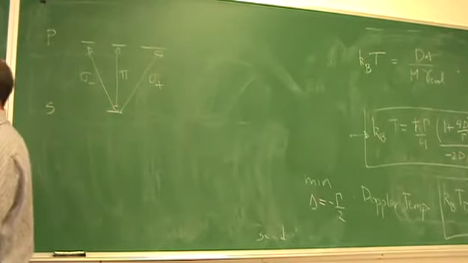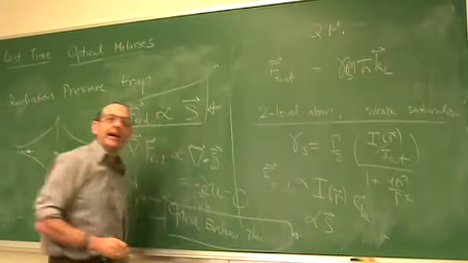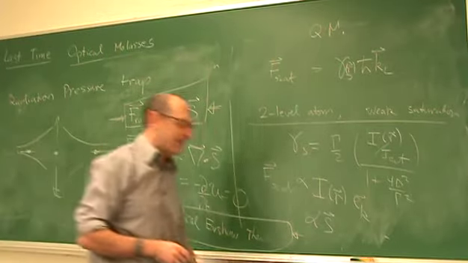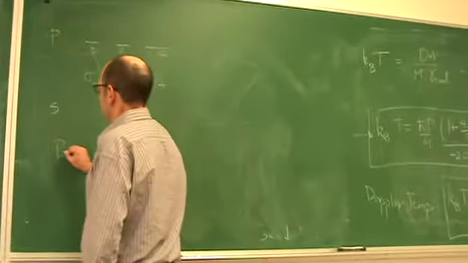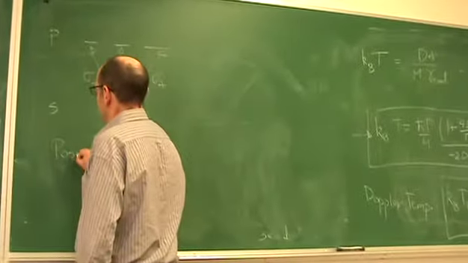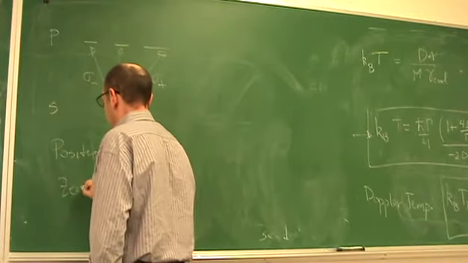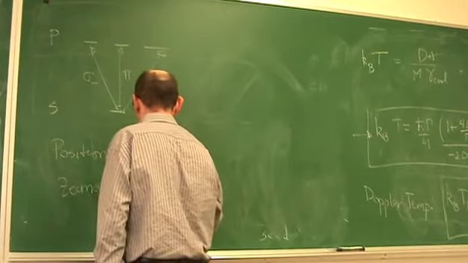We can get away from the restrictions of the optical Earnshaw theorem. So what's the trick? The trick is to use a position-dependent Zeeman shift. How does that work?